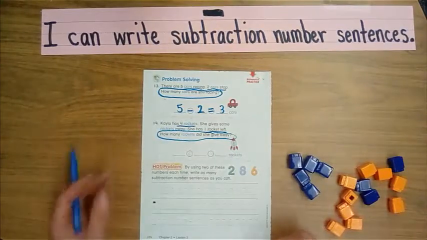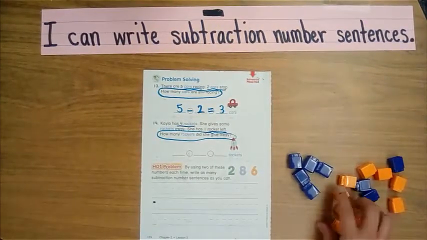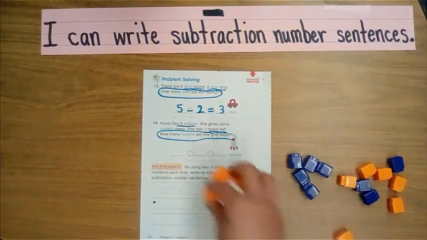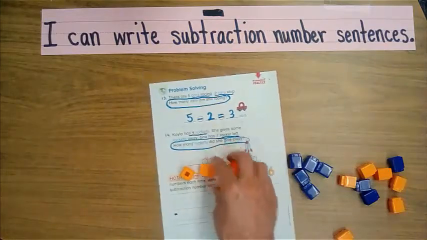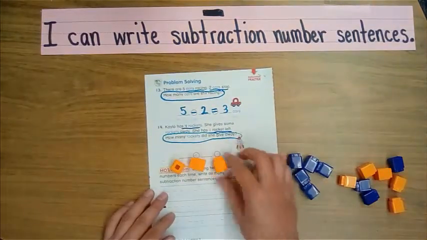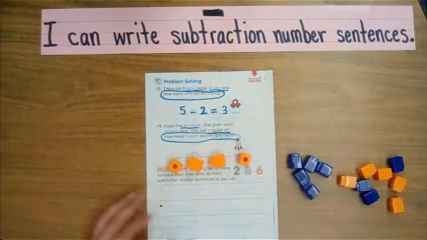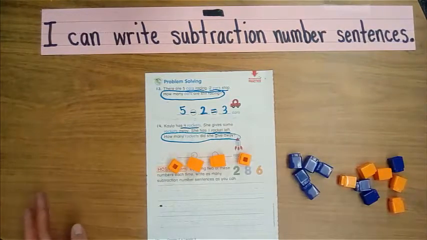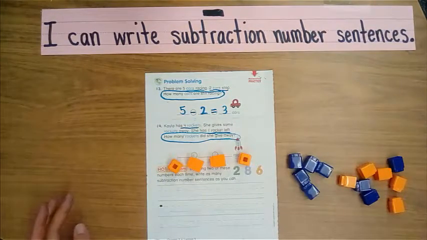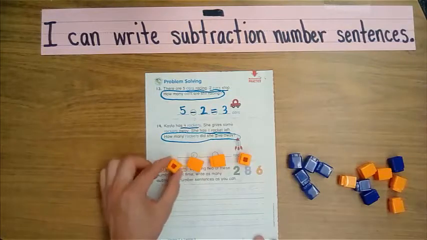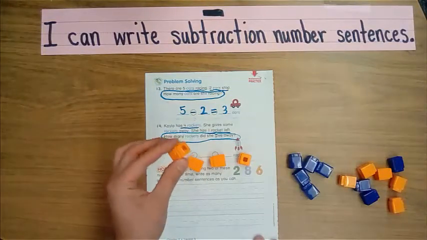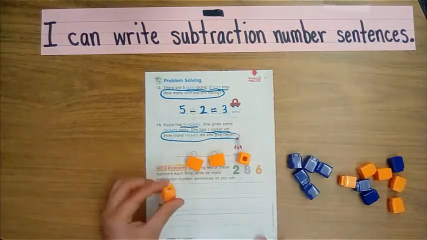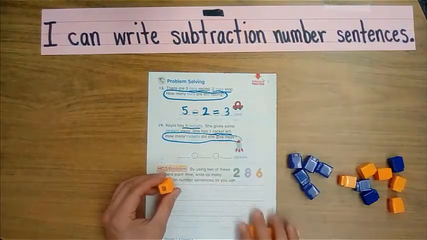Well, I don't know. But maybe I could use my blocks. Okay, so I know she had 4 rockets. So I'm going to pretend these are rockets. So if she had that, and then she gave some away, and how many rockets did she have left still? Oh yeah, this is the rocket she had left. Everything else she gave away. So let's give those away.